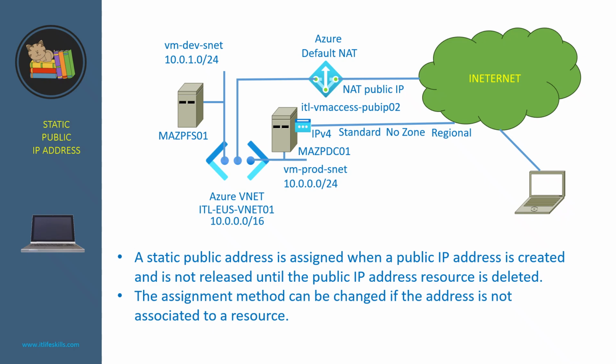Let's learn about static public IP address. A static public IP address is assigned when a public IP address is created and is not released until the public IP address resource is deleted. The assignment method can be changed if the address is not associated to a resource.